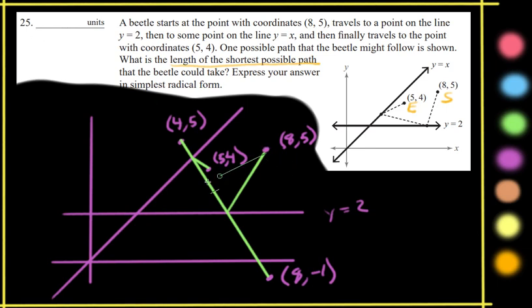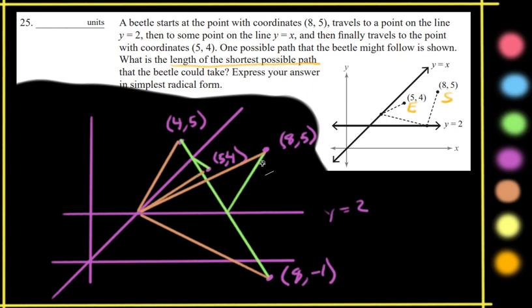So we go from this point all the way to here, and then we just go from here up to here. Well, you could reflect this about this line, and what you would see is that that is actually equivalent to this path from here to here, and then this path from here to here. And obviously this path going all the way out to this point and out to here is much longer than this straight path like this.